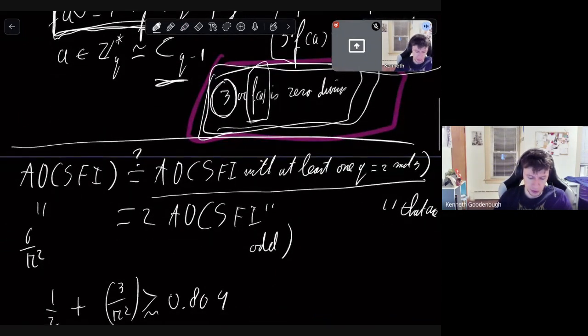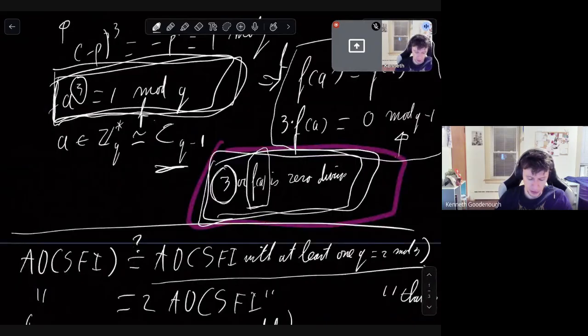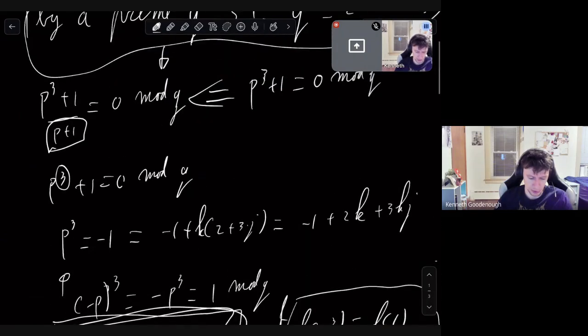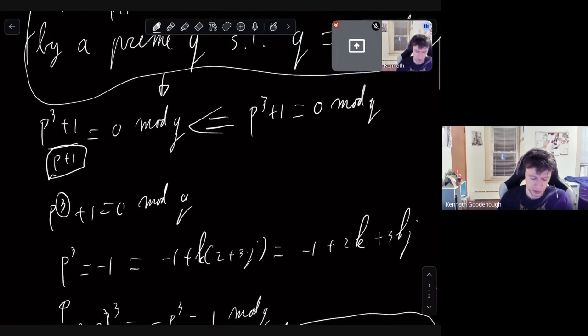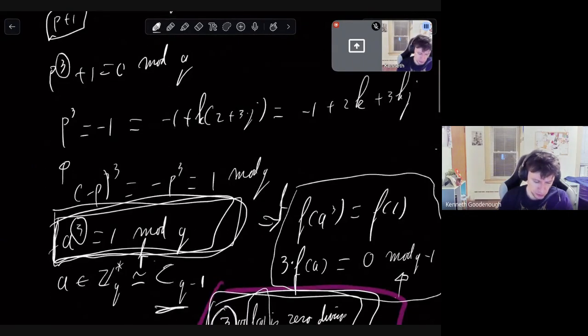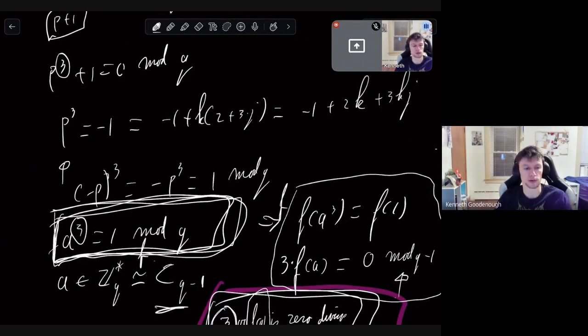So we got here that this is only possible if there exists such an element. And I think last time I showed that we're looking at solutions to this that are non-trivial, in the sense that we don't allow a here to be 1.